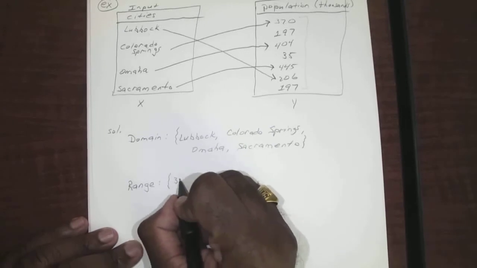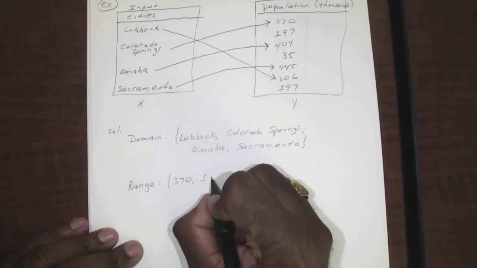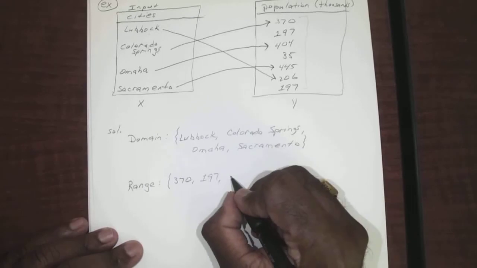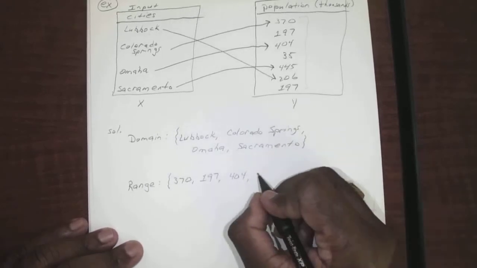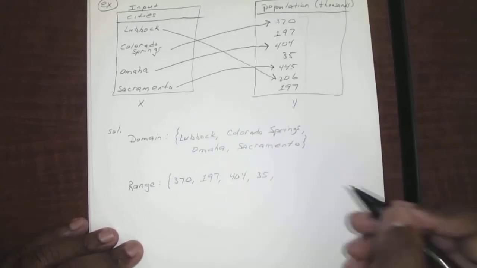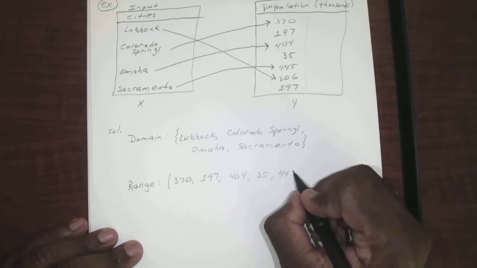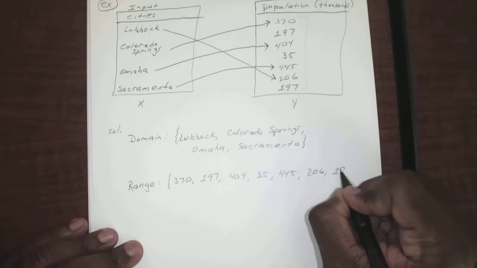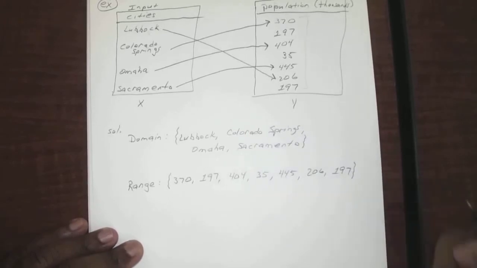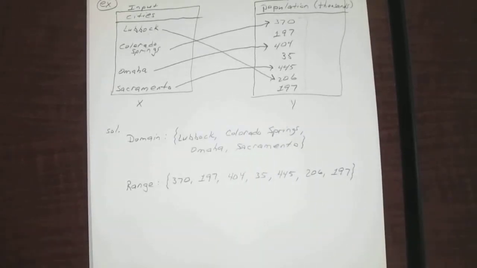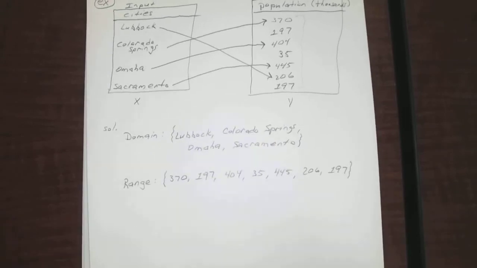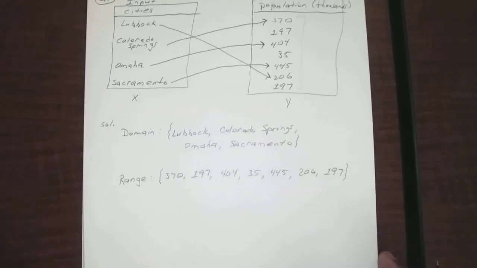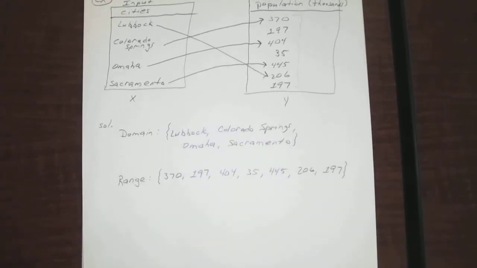So that would be 370, 197, 404, 35, 445, 206, and 197. All right. Any questions on that so far?